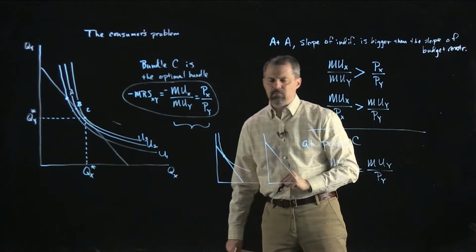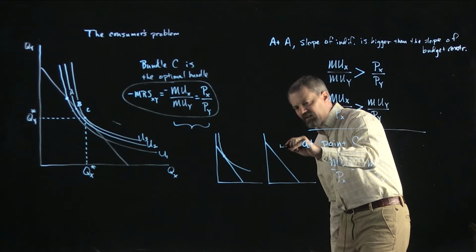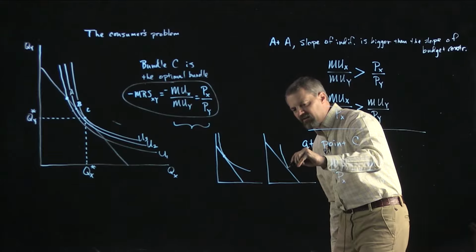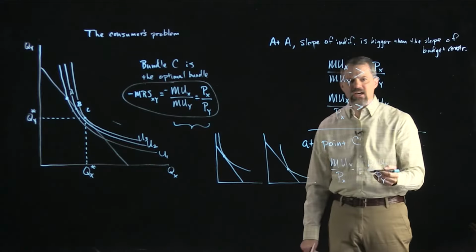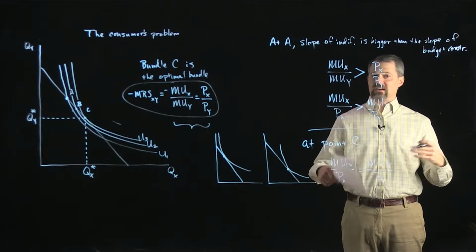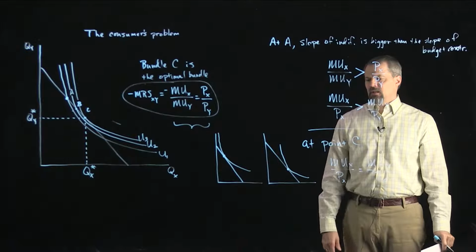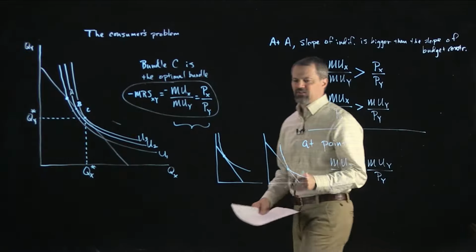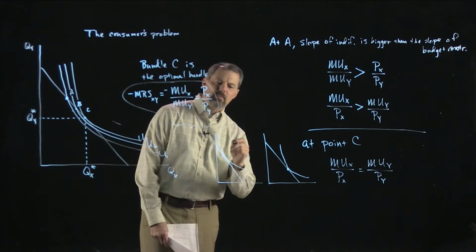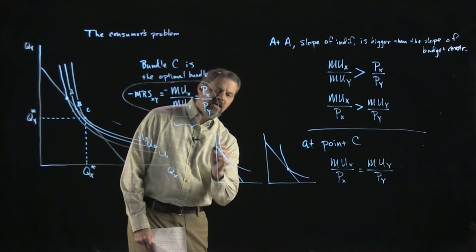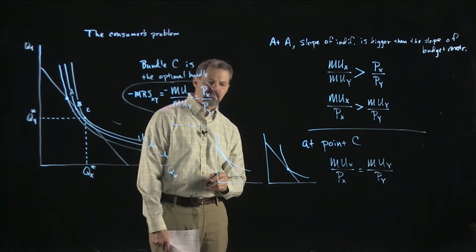Let's suppose that that person ends up at a point of tangency there, and this person ends up at a point of tangency somewhere down here. They don't have to consume the same amounts of good X and good Y because they have different incomes and they have different preferences. But the important point is for both of these people, the marginal rate of substitution will be equalized between the two because they both have the exact same slope to their budget constraint.